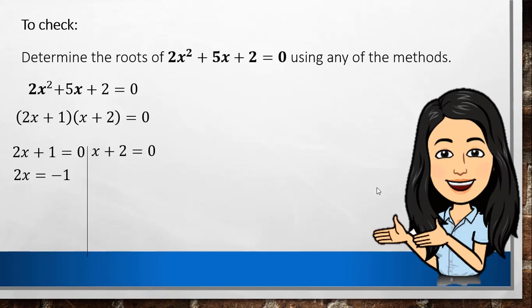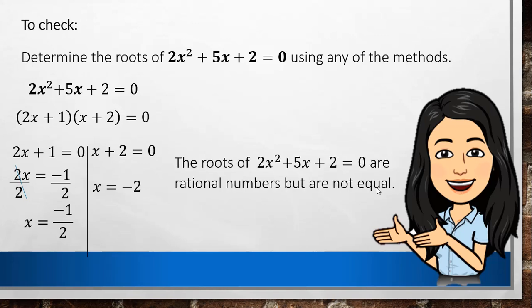So magiging 2x is equal to negative 1 and then divide both sides by 2. So x is equal to negative 1 half and then x plus 2 equals 0 and then x is equal to negative 2. So ang nakuha nating roots ay negative 1 half and negative 2. So sila ay rational numbers but they are not equal.